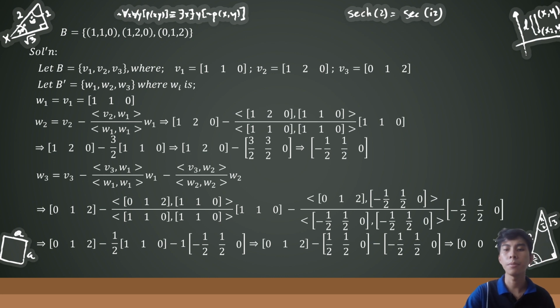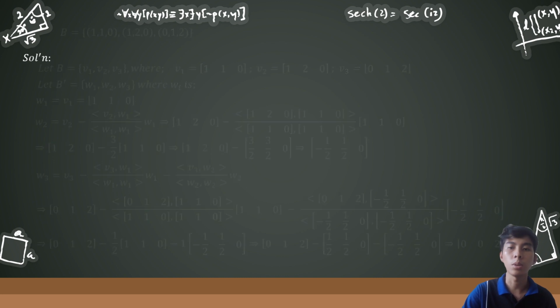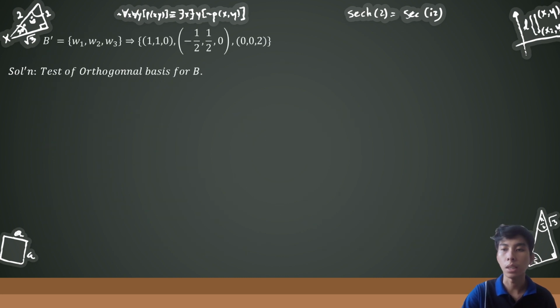Now, since we have the B prime, we need to test if it is an orthogonal set. So B prime is equal to the set of vectors w sub 1, w sub 2, and w sub 3, where w sub 1 is (1, 1, 0), w sub 2 is (-1/2, 1/2, 0), and w sub 3 is (0, 0, 2).